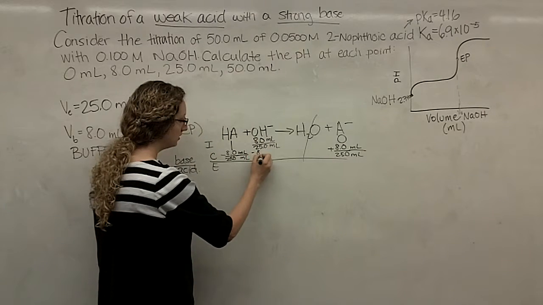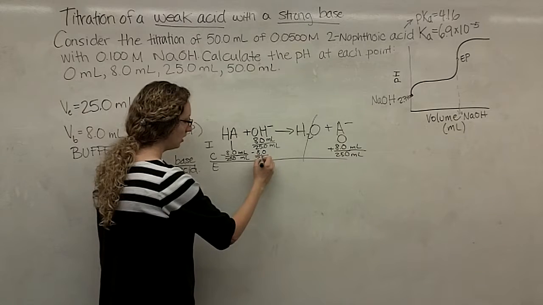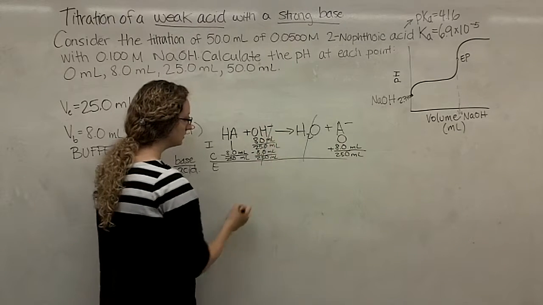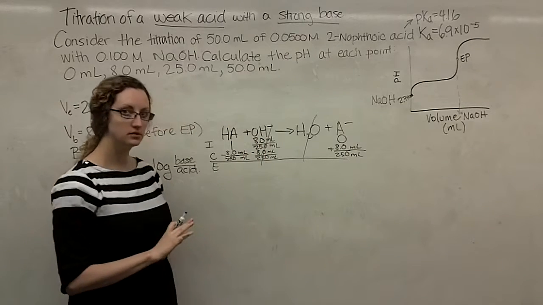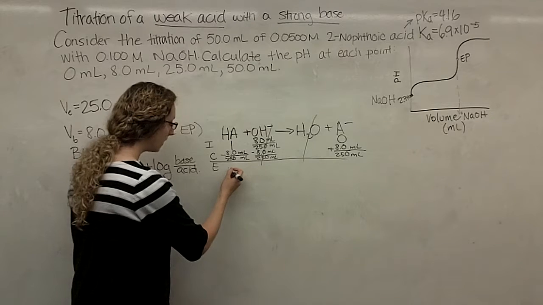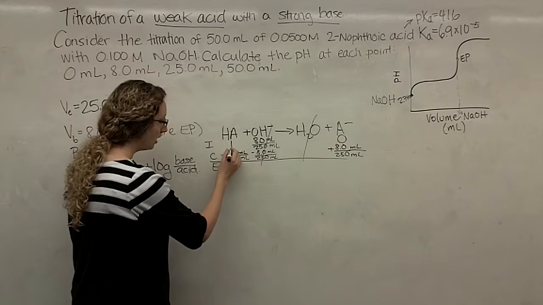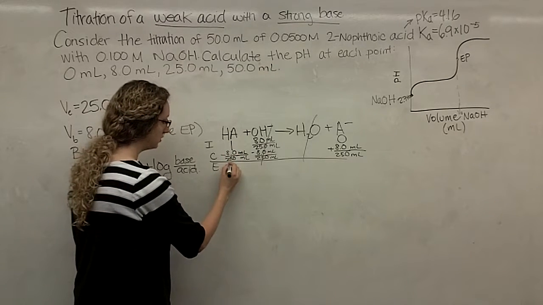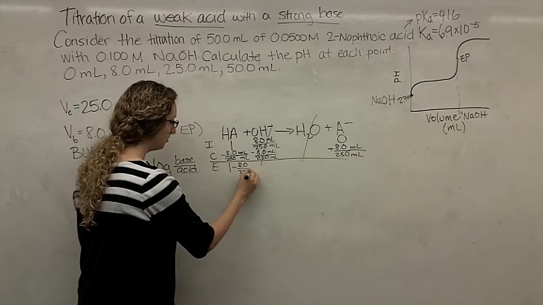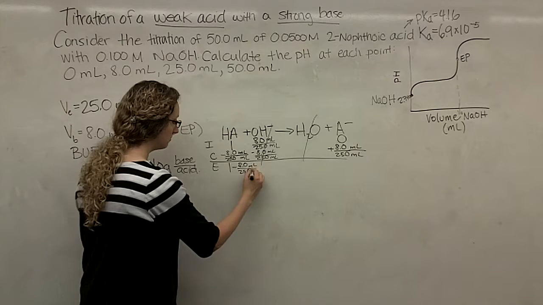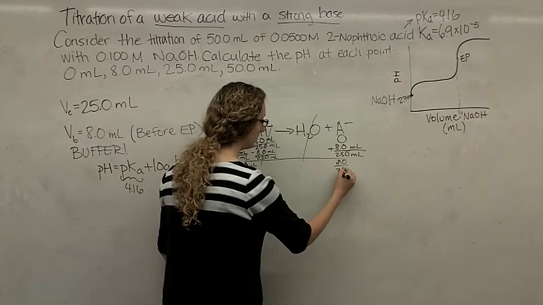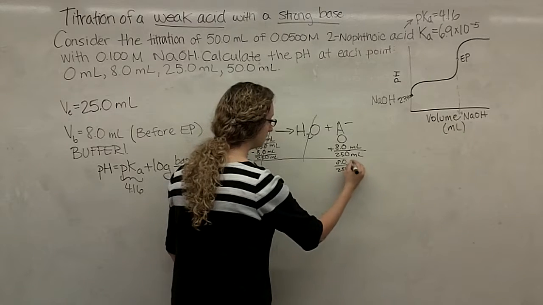We're assuming all the base, the OH, is going to be completely consumed to form your conjugate base. So what you'll have for the acid is 1 minus 8.0 over 25.0 milliliters, and for the base, 8.0 over 25.0 milliliters.